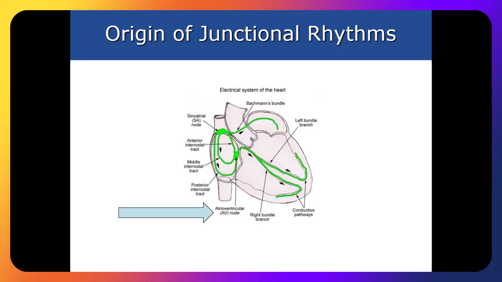We could potentially have tissue death in the atria. Good. What else? We could potentially have a chemical imbalance. In particular, what chemicals are we first thinking about when we think about the heart? Sodium and potassium. Very good.